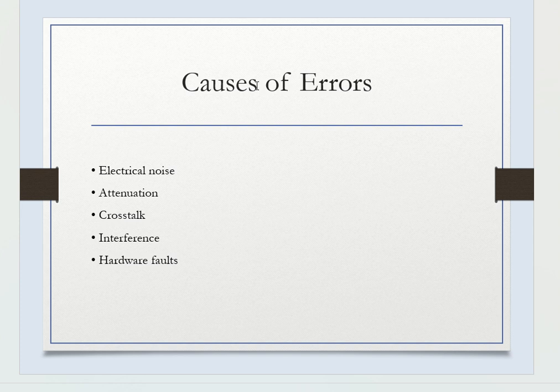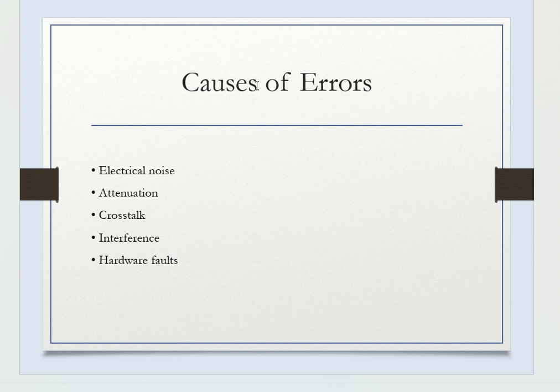Crosstalk occurs when a signal from one channel or wire leaks into another. Common in bundled cables where the wires are placed close together, it causes distortion in the original signal. Interference: external signals like radio waves or electromagnetic fields disrupt data signals, common in wireless networks due to overlapping frequencies, and can result in a temporary loss or corruption of data.